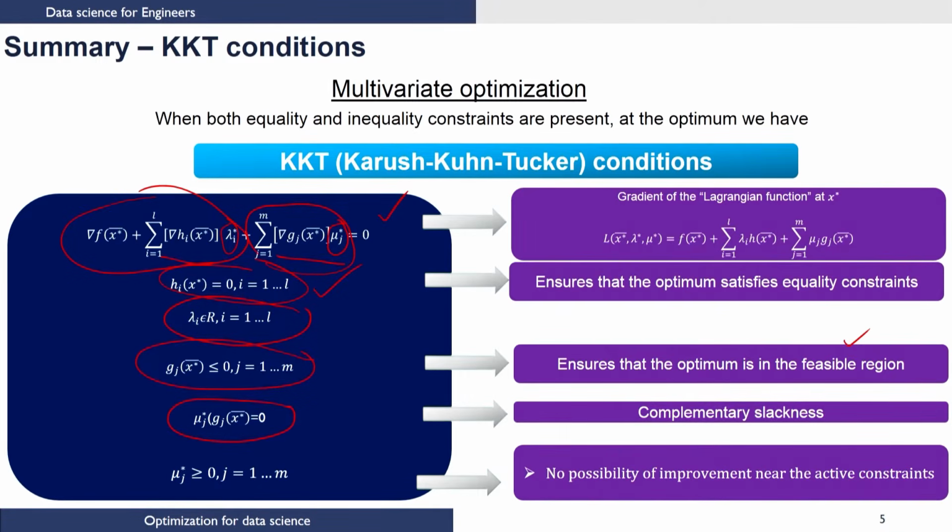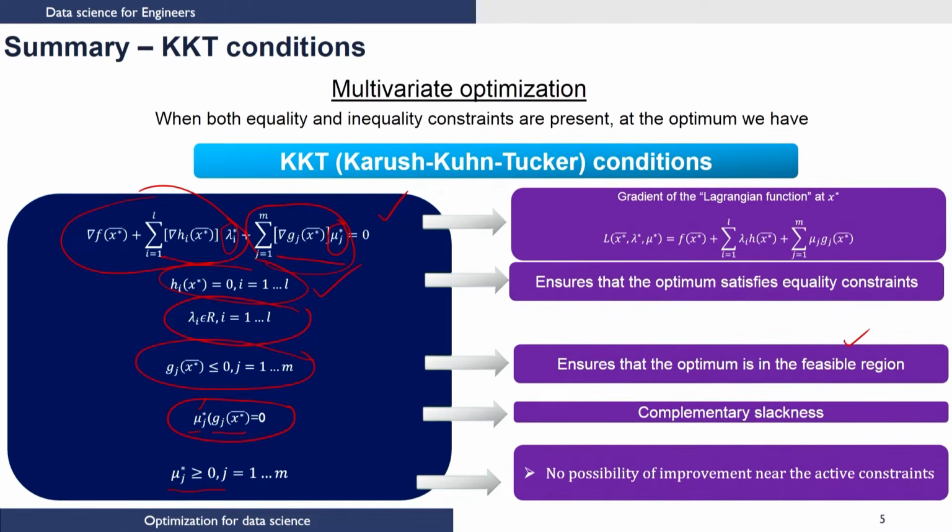Basically, either mu j is 0, in which case g is free to be any value such that the condition is satisfied, or g is 0, in which case I have to compute a mu, and the mu that I compute has to be a positive number, or greater than or equal to 0.